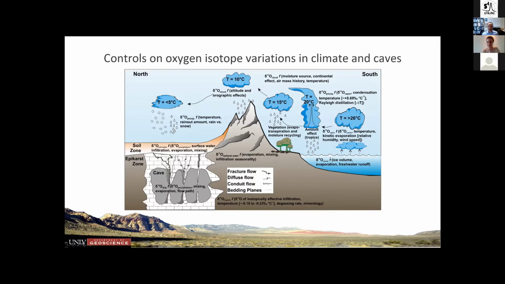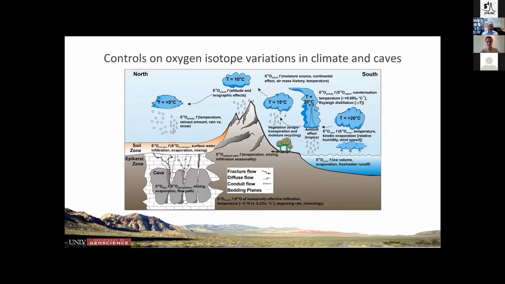So if we start off to the right here, the ocean has a particular delta 18O value. When that evaporates, it produces vapor, which then has a particular oxygen isotopic value. Then when that water vapor condenses to form clouds and it starts to rain, that will change the oxygen isotopic value of the vapor and the rainfall.